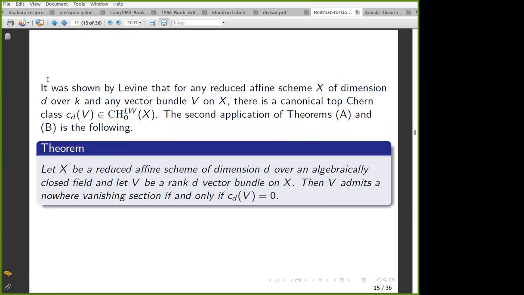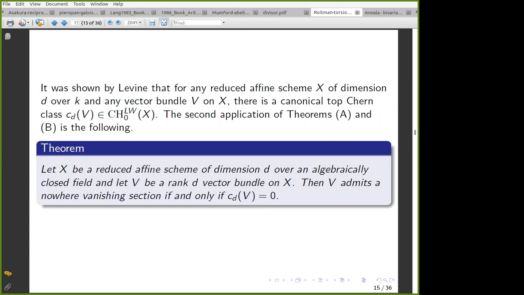Now it was shown by Levine that for any reduced affine scheme of dimension D over K and any vector bundle V on X, there is a canonical top Chern class c_D(V) in the Levine-Weibel Chow group. The second application of theorems A and B is the generalization to any reduced affine scheme, need not be smooth.